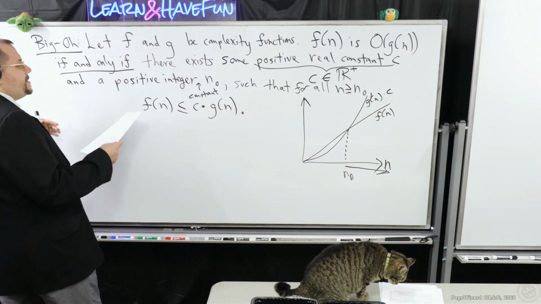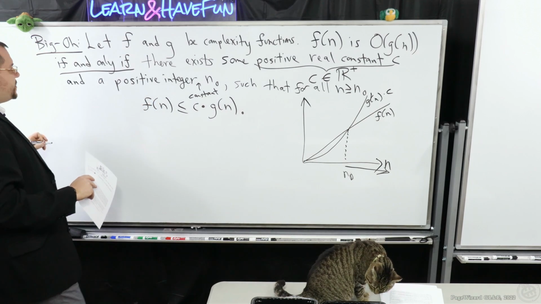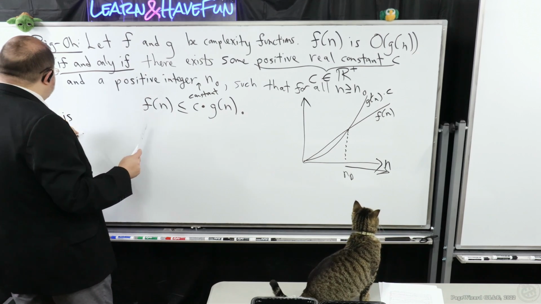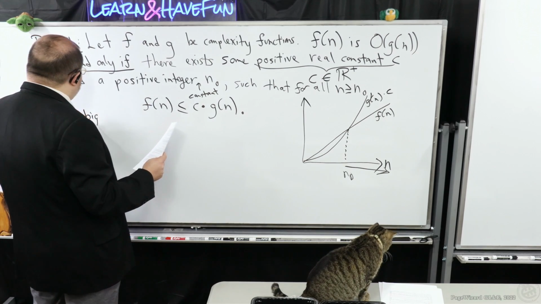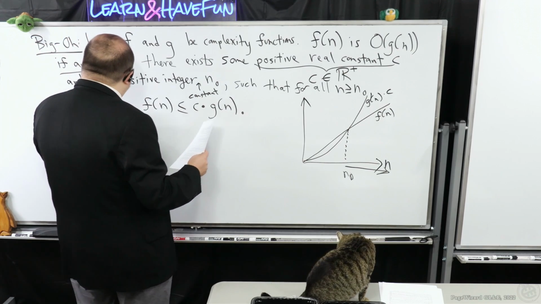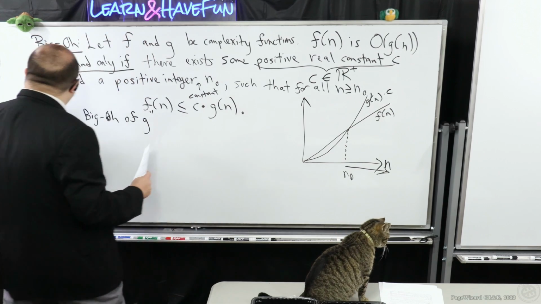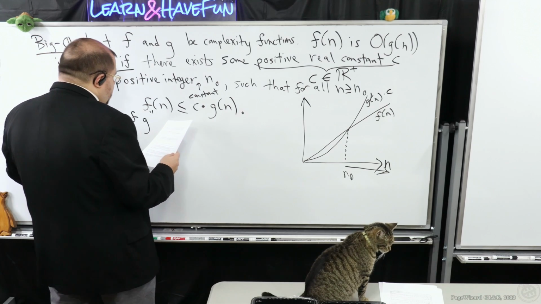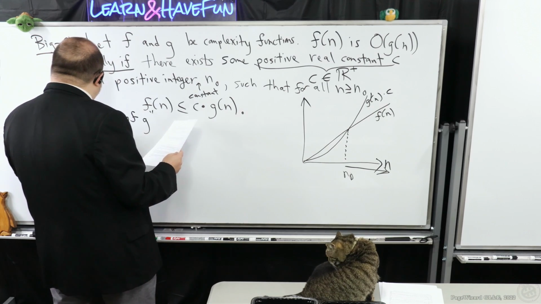So very often when somebody says something like this, the way you would abbreviate or say this is you would say f is big O of g. Sometimes people will say that f is of order g.